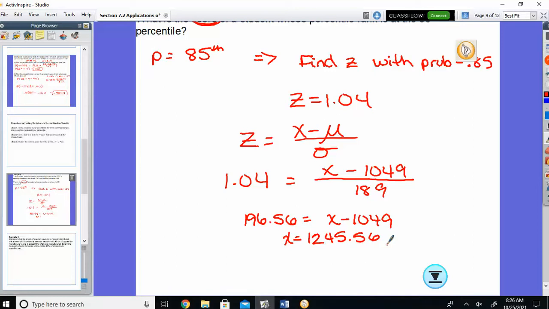Multiply over your 189, then add the 1049. And so you should get a score of 1245.56. Or you could say you scored about 1246 on the test.